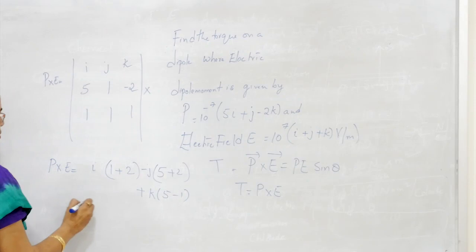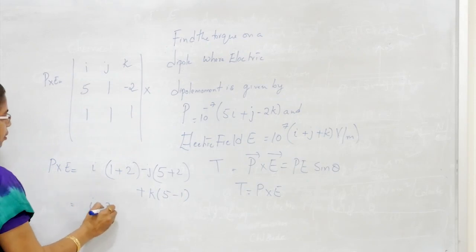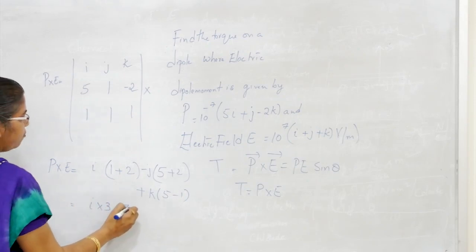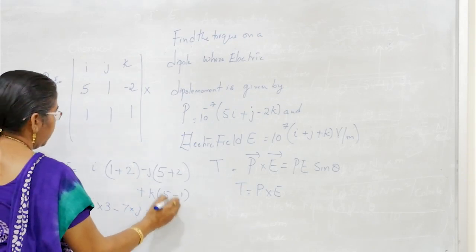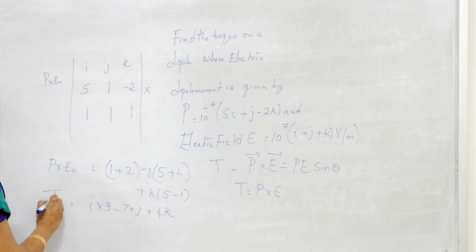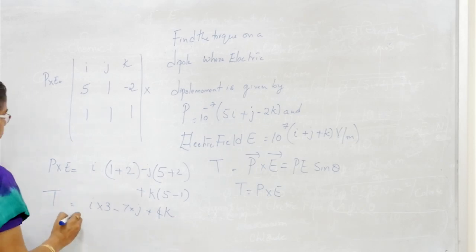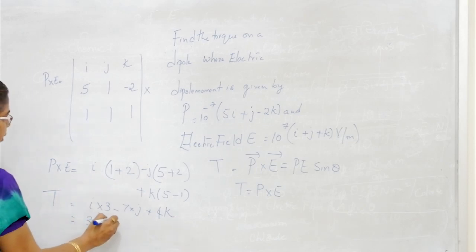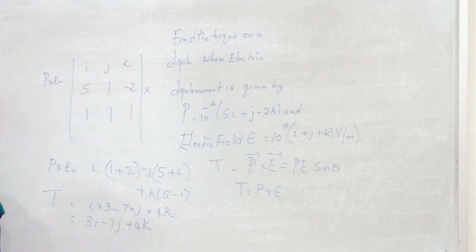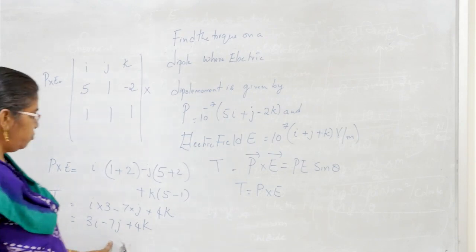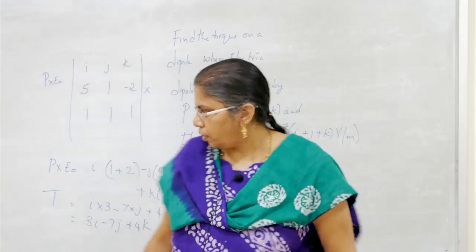So this becomes i into 3 minus 7 into j plus 4 into k. So torque tau is equal to 3i minus 7j plus 4k. So this is the answer for the problem.